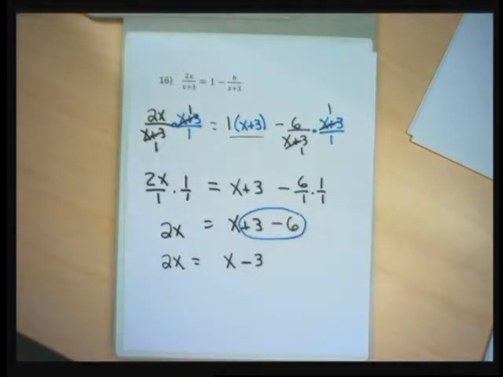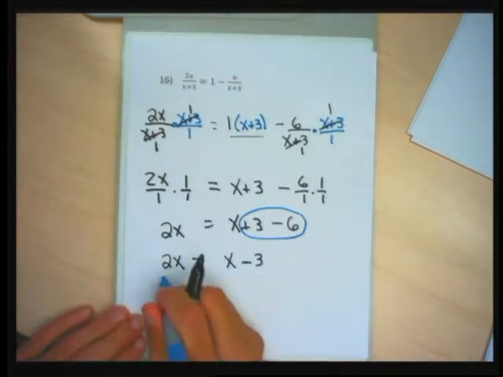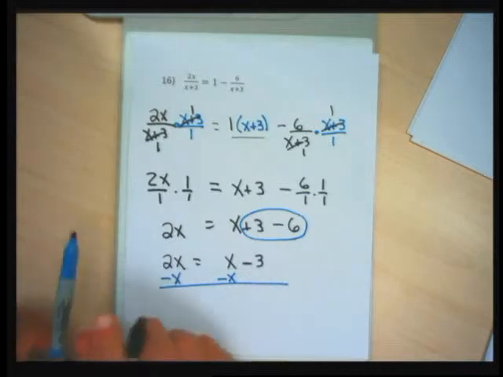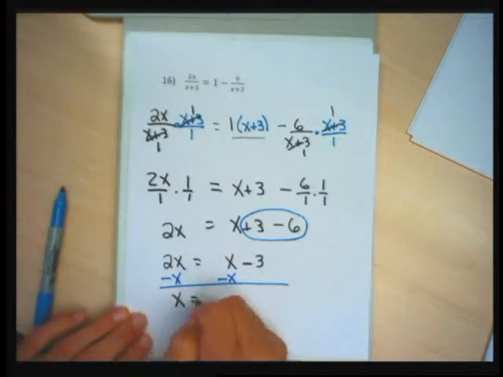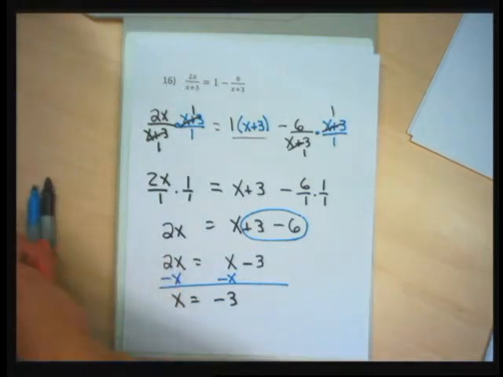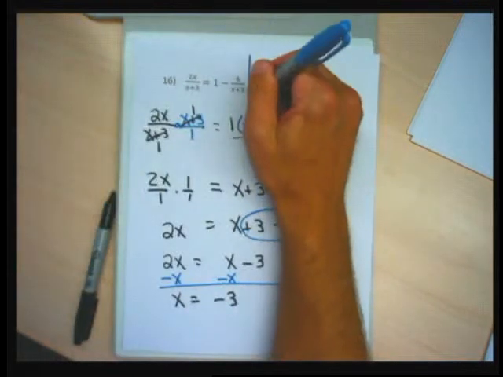I just combined those. 3 minus 6 is negative 3. And I'm going to subtract x from both sides. My algebra says that negative 3 should be a solution. I can tell that I've done perfect algebra and this number's not going to check. That happens when you get an undefined in your checking, or a math error.